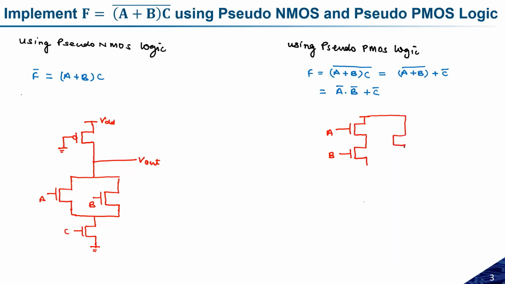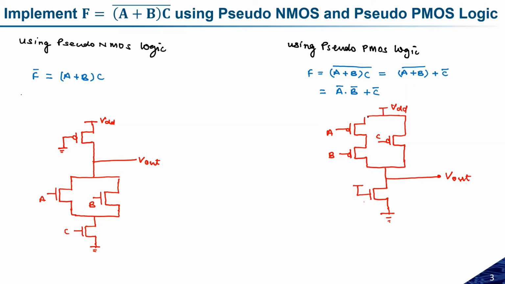So it will be PMOS transistors, right? Like this, and this is the VDD. Okay, and now I need to keep one always on PMOS transistor over here. So this is how we can take the output from here. So the circuit will look like this.